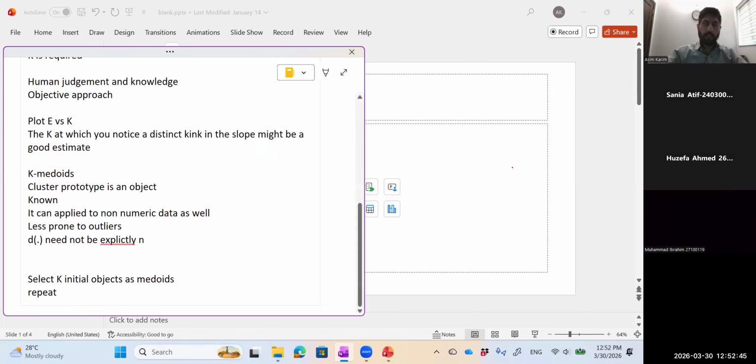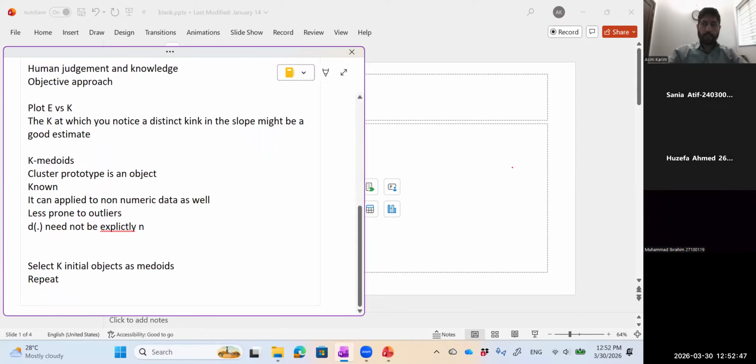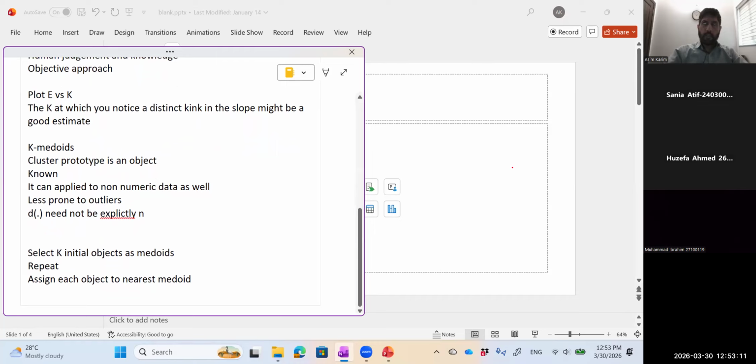Then you repeat. ठीक है, assign each object to nearest medoid. ठीक है. Of course, this is based on the pairwise distances that you have. You may not necessarily need an objective function, or sorry, a distance function, a dissimilarity function. Okay?